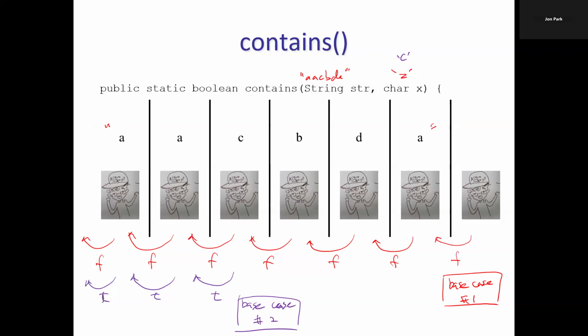For this method, we'll have to use some methods from the string class. There are a couple different methods. There's a charAt method, which returns a character at index i. So if you go str.charAt(0), it'll return A. And then there's a substring method.